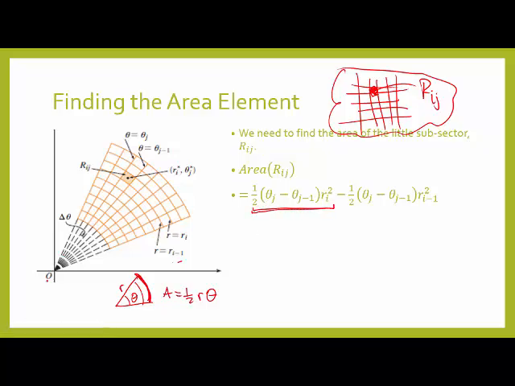This first one, theta sub j minus theta sub j minus 1, is the span of this angle from here to here. And then r sub i is this bigger radius. So this first part is looking at this first cut over here.